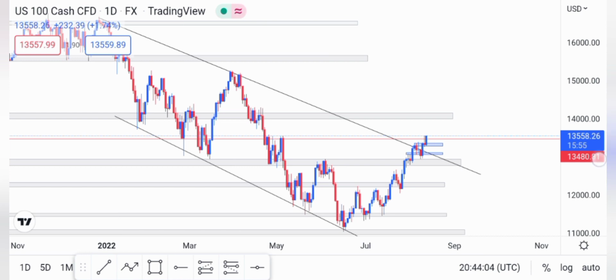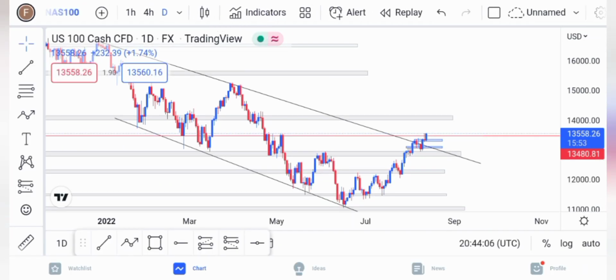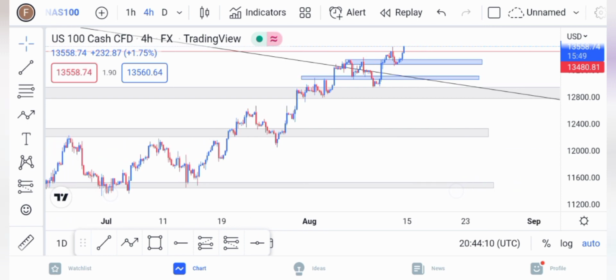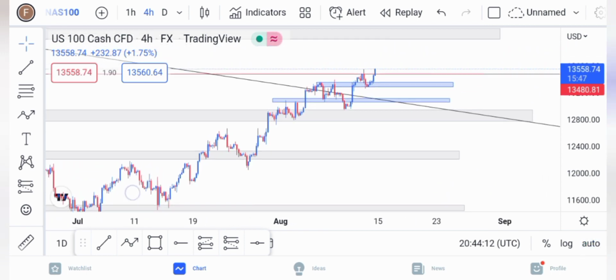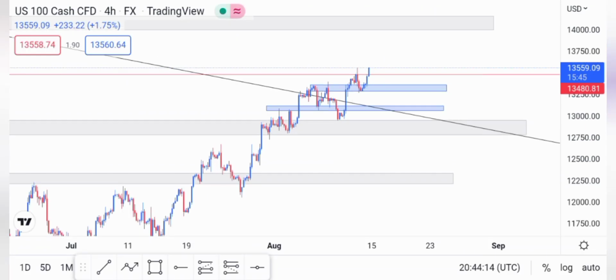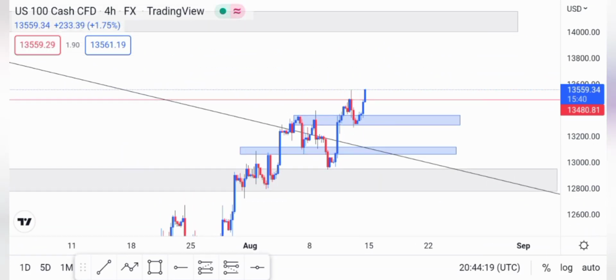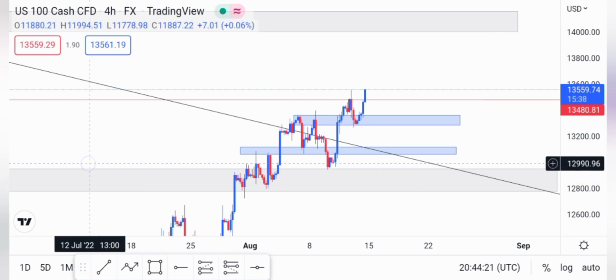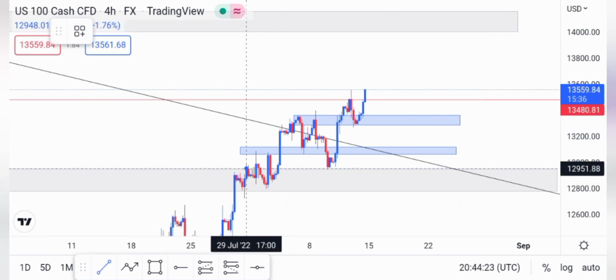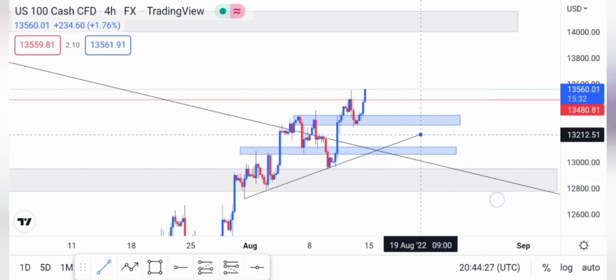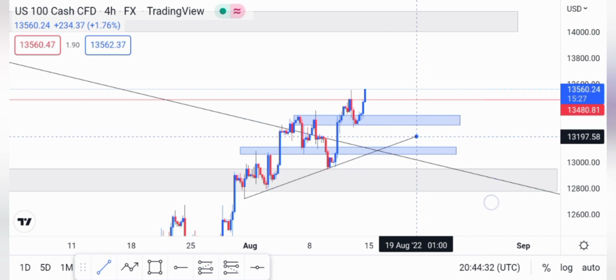So let us move to the 4-hour time frame and see what's really going on, because to be honest, on NAS100 I'm a bit scared, because this movement is kind of scary, especially for me, not for the buyers. There's another low.